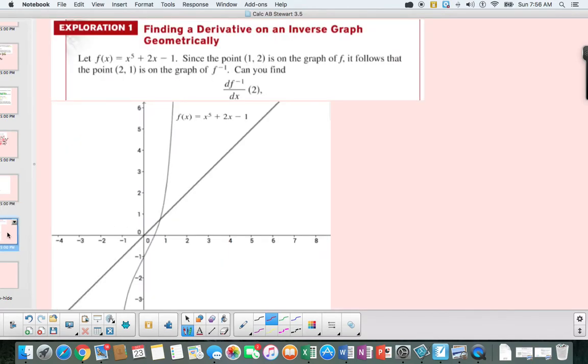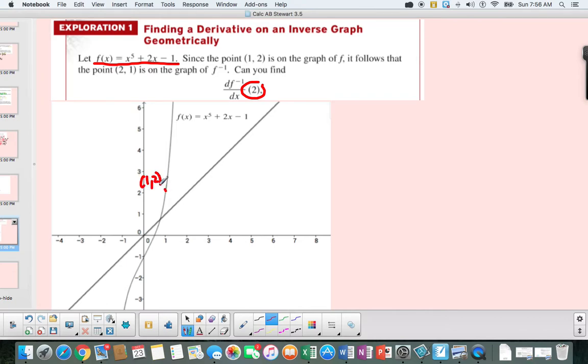Okay, let's utilize this fact in this exploration. We have the function right here, and we would like to find the derivative of the inverse at 2. Now this is f of x, and here's the point (1, 2), right here.